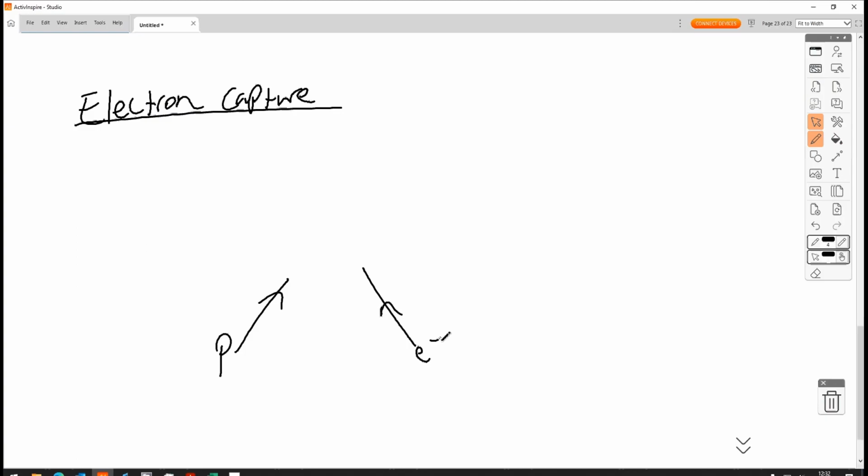The proton then eats that electron. So W minus is carried, the electron charge, the negative charge, towards the proton. The proton then turns into a neutron, and the electron has lost its negative charge. It becomes a neutrino, an electron type neutrino. And that is the end of 2.1.4.